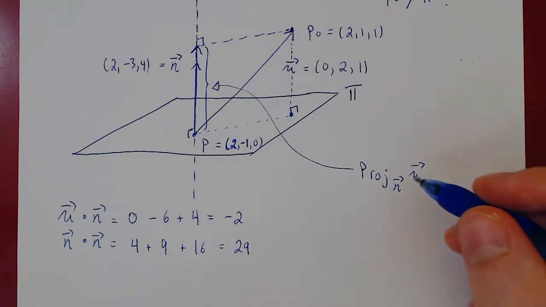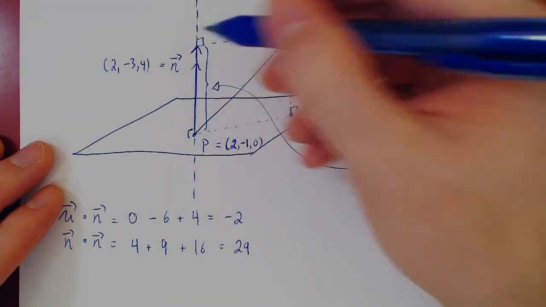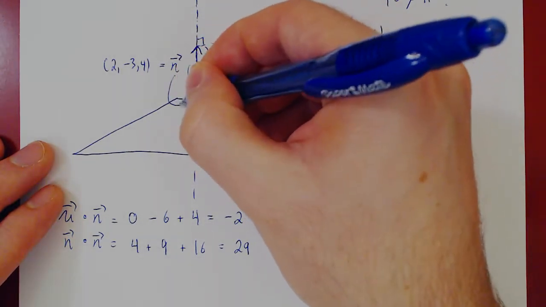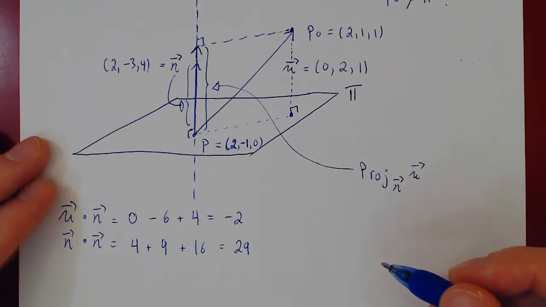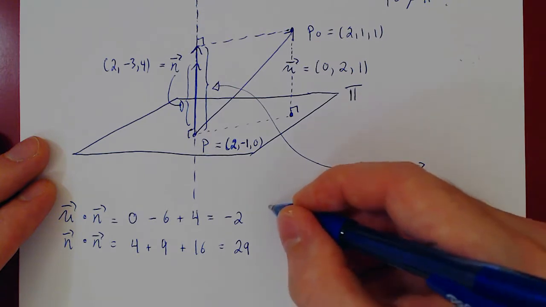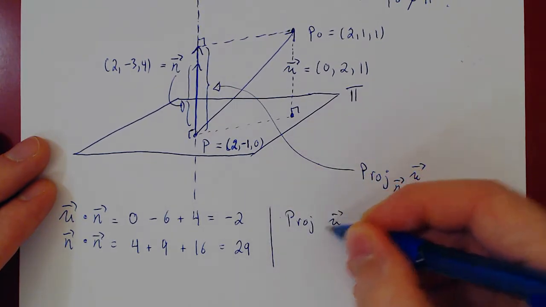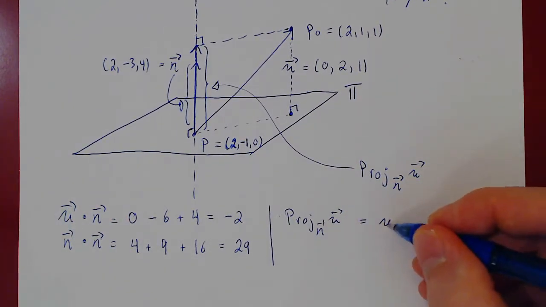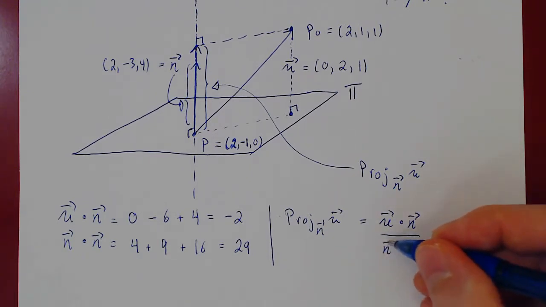And now we can find the projection of u onto n, this vector right here, right? The vector n was the shorter one. So we can use our formula. So the projection of u onto n is simply u dot n over n dot n.